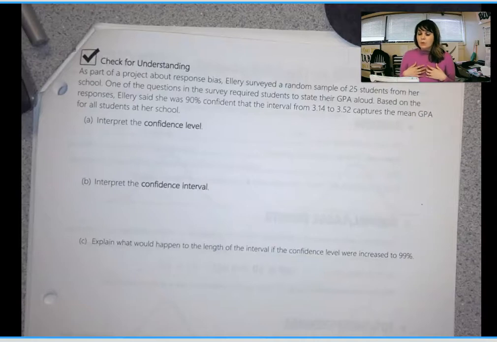If I had a 2.5 GPA, I don't think I would be super excited to say out loud in front of other people, 2.5. I would feel okay if I was like 3.8, 3.5. But if my GPA is a 2.5 or a 2.0, I might be embarrassed about that GPA, and so I lie and say that it's higher than it really is.